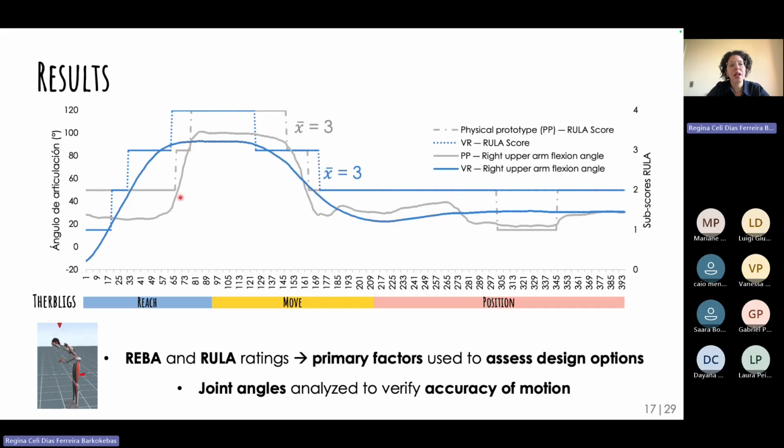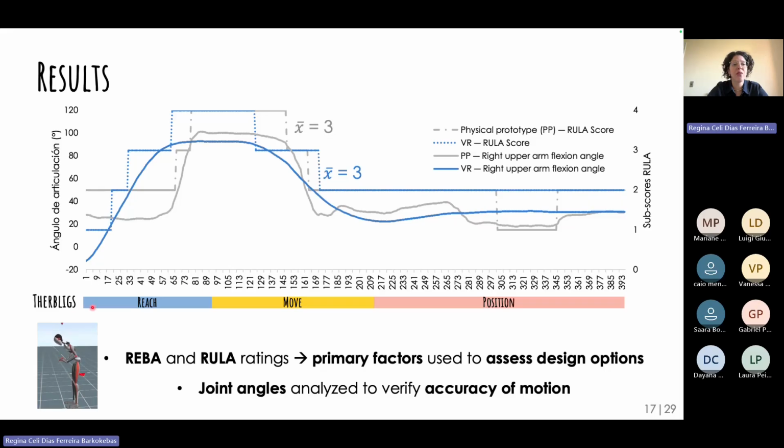The time that it lasts was shorter. So we still have a gap here, but since the trend of the motion was really similar, like you can see the maximum is really similar in both cases, and they go down also really similar here, that allows me to conclude that the simulation using virtual reality was effective.